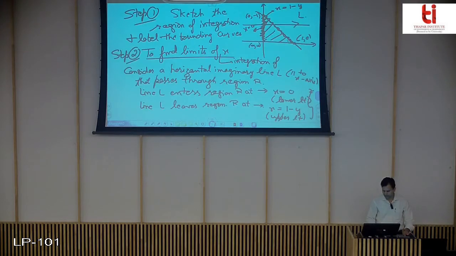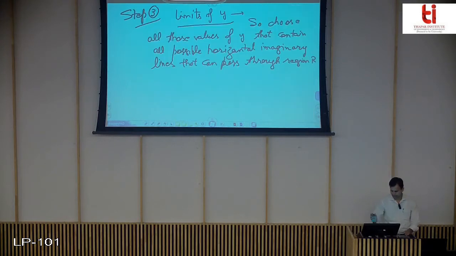You can see here it is y equals 0, and here it is y equals 1. So these two horizontal lines, the values of y from 0 to 1, contain every horizontal line that can pass through the given region.